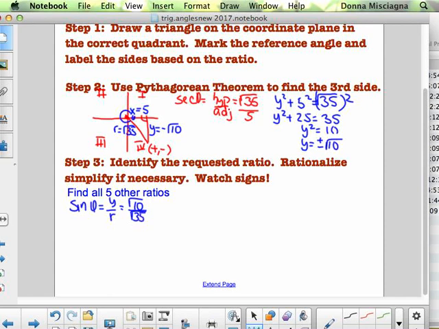And yes, we have to rationalize that. So multiply by the square root of 35 over the square root of 35, whatever's in the denominator. So 10 times 35 is the square root of 350, and this would be 35. Now we may be able to not only simplify but reduce.